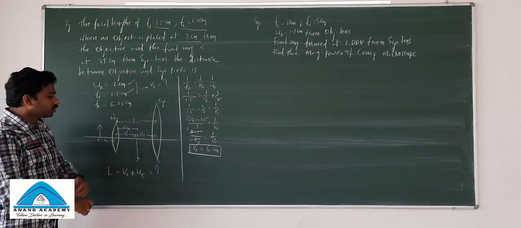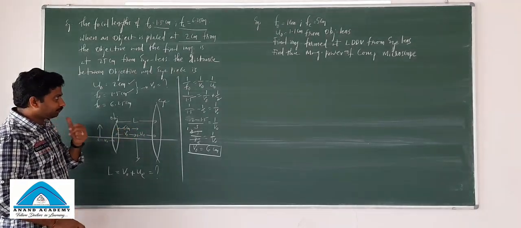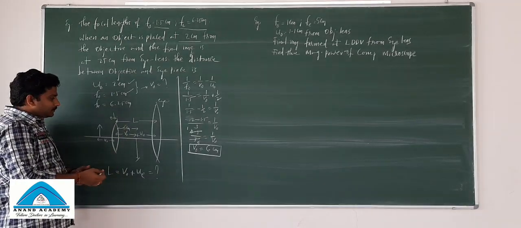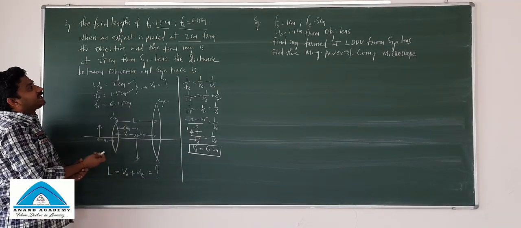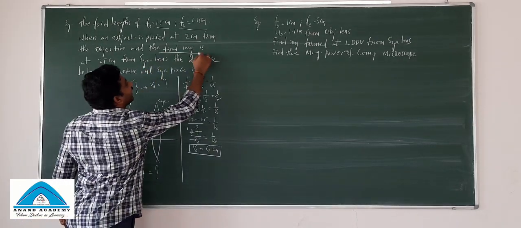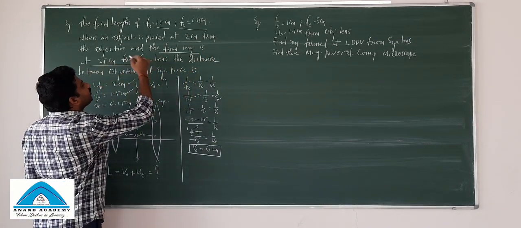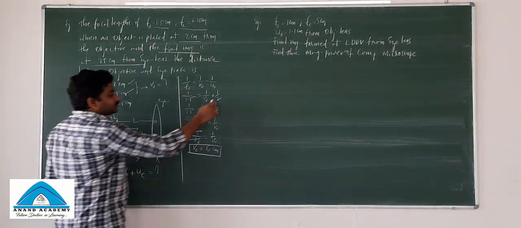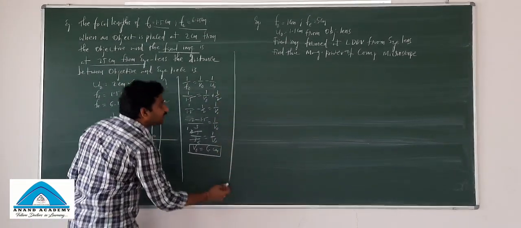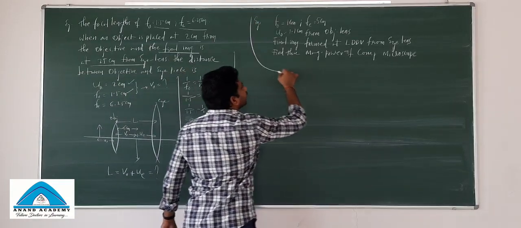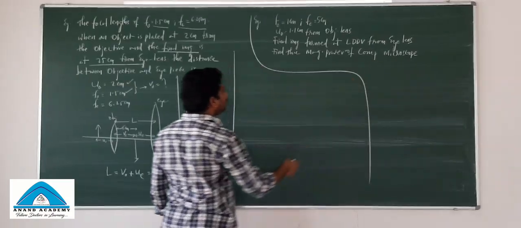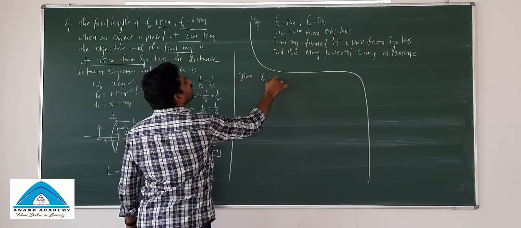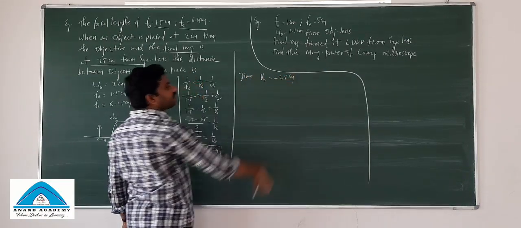And how about UE? Now, to find UE, there is another data given. Final image is formed at 25 centimeters. So I am writing here once again, given: final image is formed, V is equal to minus 25 centimeters.